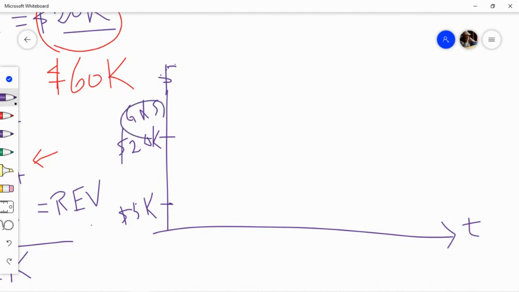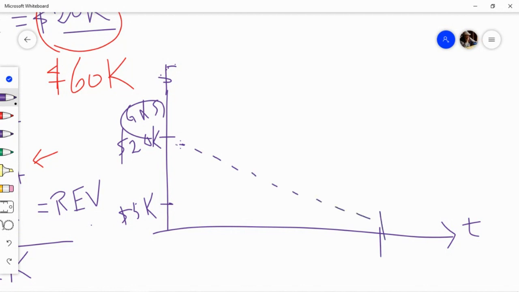Normally, during a regular month, you will start out with 20K and your inventory level will gradually, or linearly, go down like this.